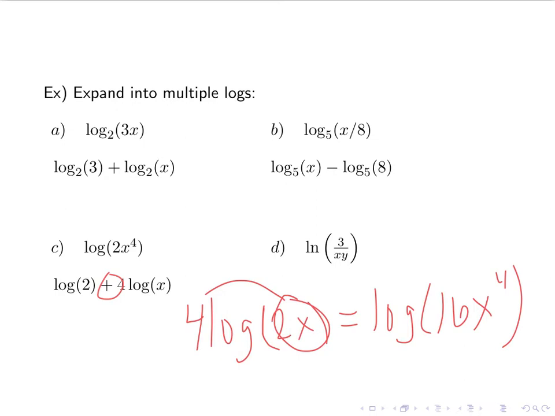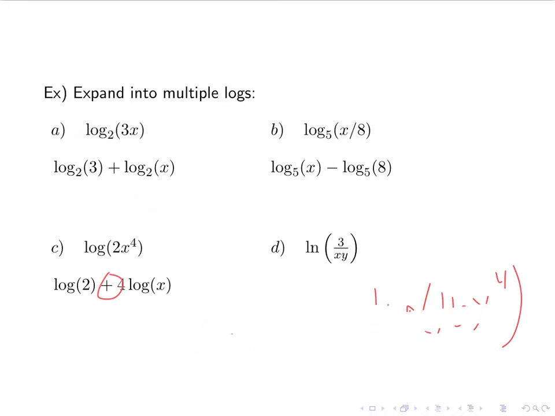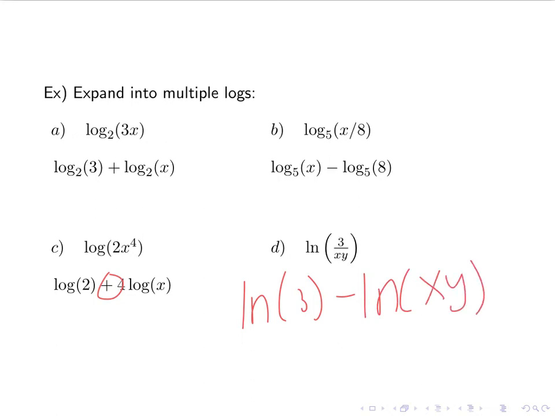So for D, we have ln of 3 divided by xy. So I'm just going to erase what I have here. And then we have division. We also have multiplication. So we got to be careful here. If I separate it with the division, then I have ln of 3 minus ln of xy.